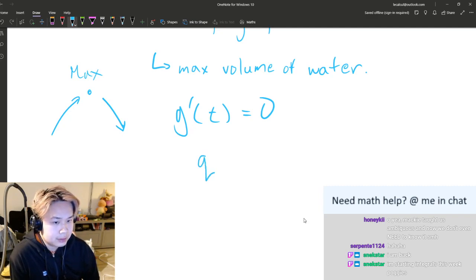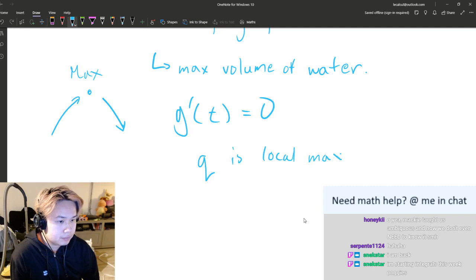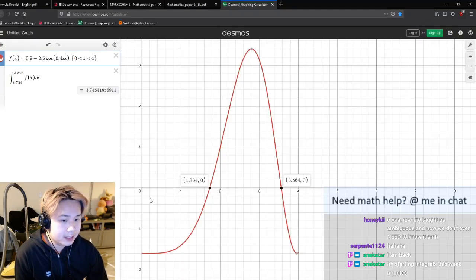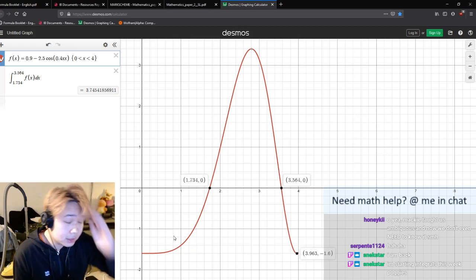So Q is a local max. And you have to be careful because when you have boundary points, you need to compare their volumes.